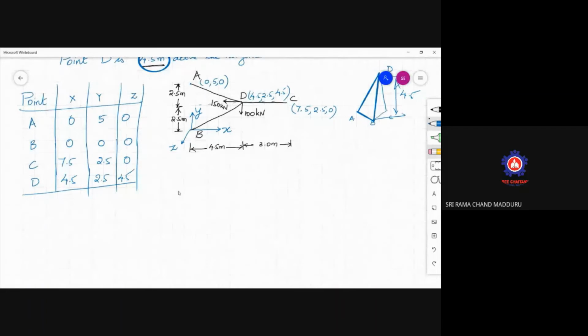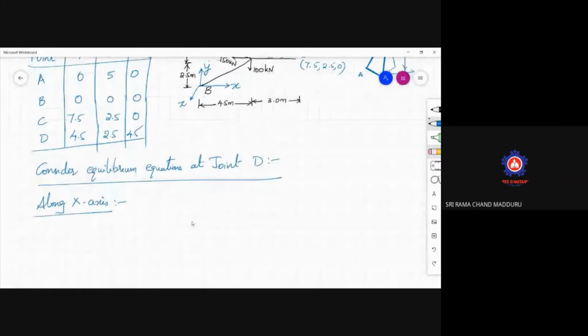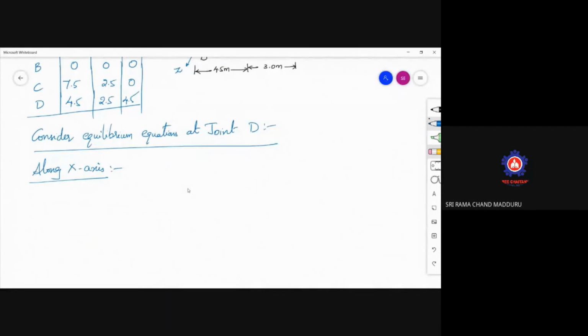Now afterwards, consider a joint. Here D is the joint which is meeting, along x-axis we are writing the equations of equilibrium. What is the equation we have to write along x-axis? Here for the members, how many members are there? AD, BD, CD.